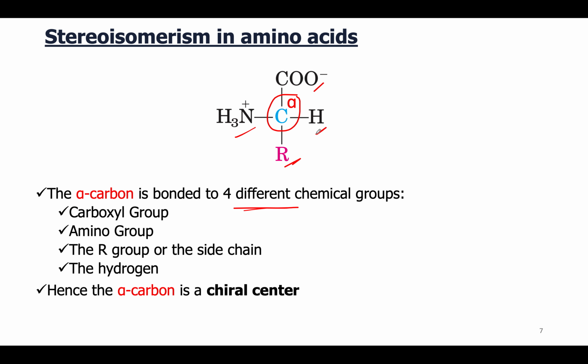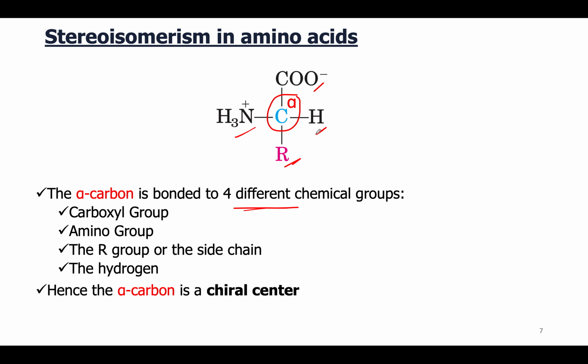So all amino acids have a chiral center. What is a chiral center? A chiral center is an atom that has 4 different groups bonded to it in such a manner that it has a non-superimposable mirror image.